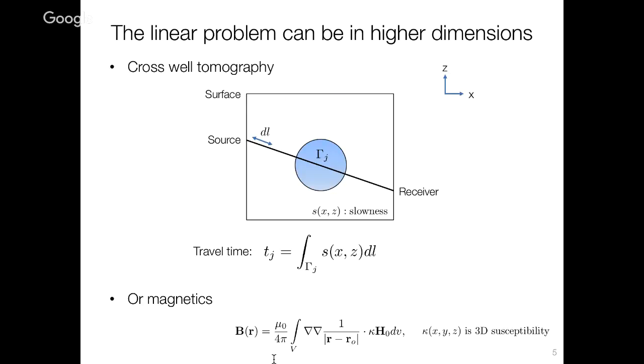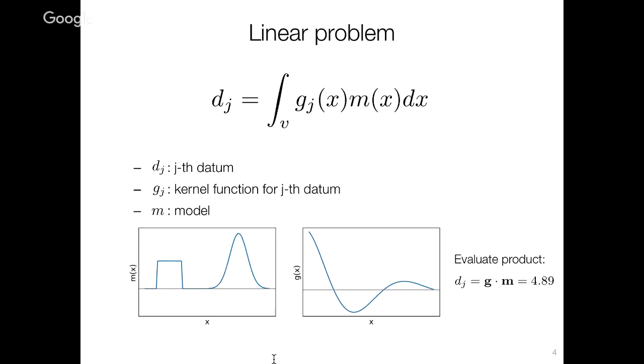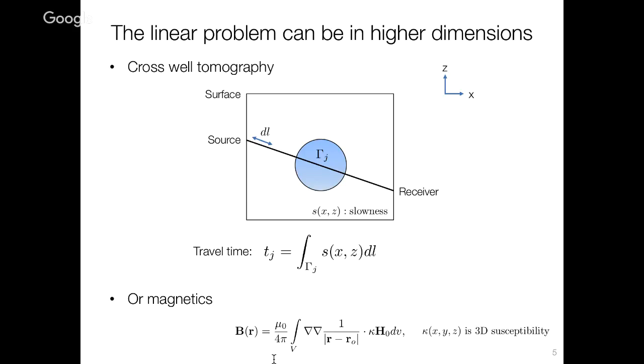The linear problem can be like just this one. Everything is here just in one dimension. Or it could be in higher dimensions. So let's suppose you have a cross-well tomography problem. We saw some of those. So we've got a source and receiver. The wave might go from the source to the receiver.